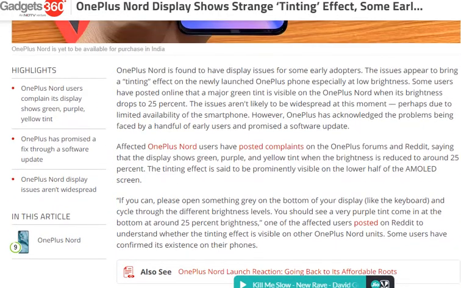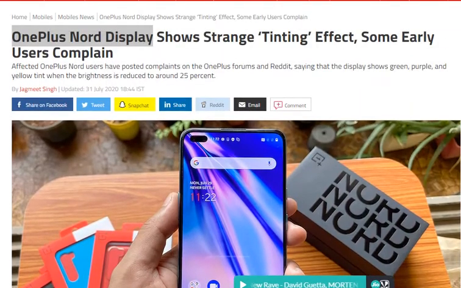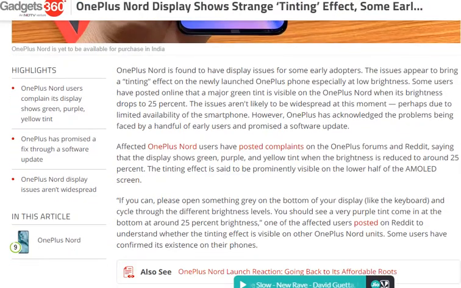So I can say OnePlus might not have done a good job. Even the OnePlus 7T or the OnePlus 8 Pro had this issue, and now the OnePlus Nord is also having it. I feel that OnePlus really needs to get their calibration right on these phones, because after all we are paying money for them, and it's sad that people have to face this.